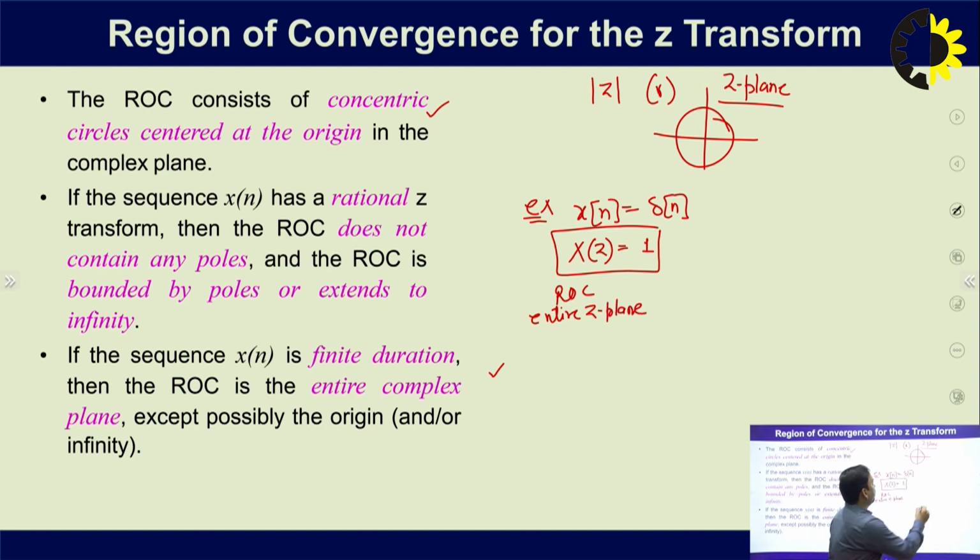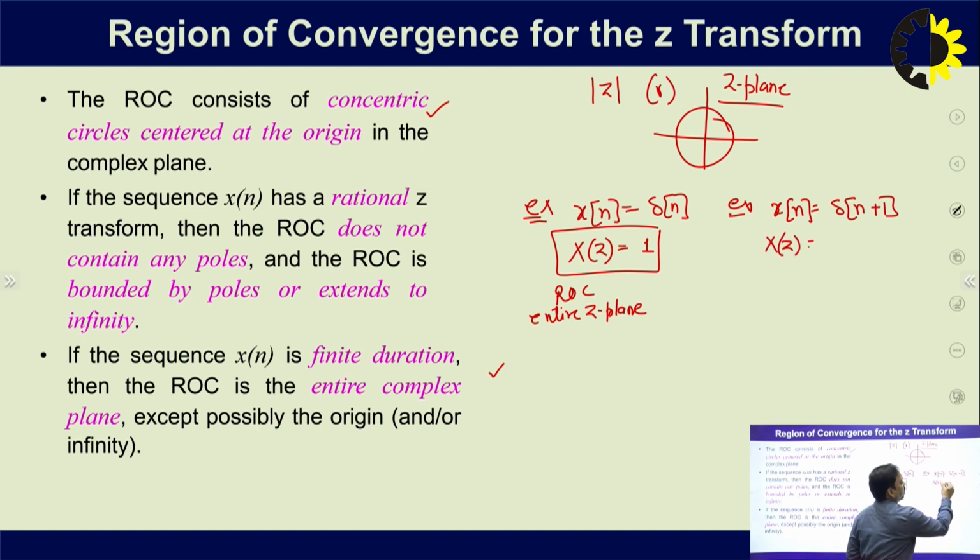Similarly, if we have x[n] equals delta[n+1], we have the Z transform as z raised to the power 1.